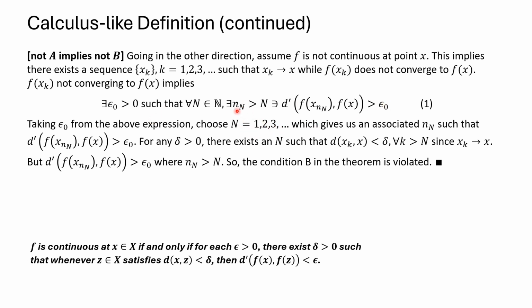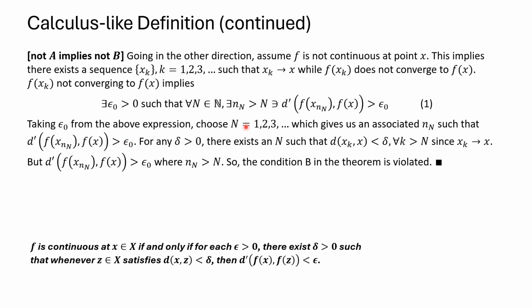So let's continue. We'll take our epsilon sub 0 greater than 0 from this expression, and then we'll generate this little n sub capital N for each value of N. This exists, and then we know that the distance between f evaluated at x sub n sub capital N and f of x is greater than epsilon sub 0.